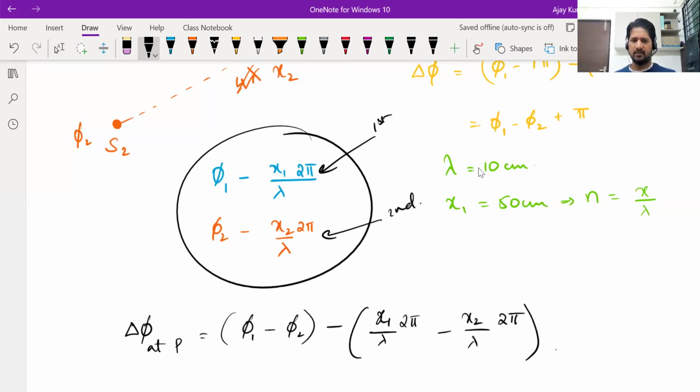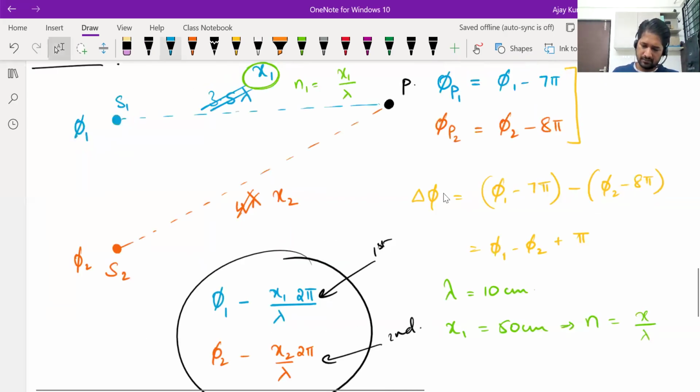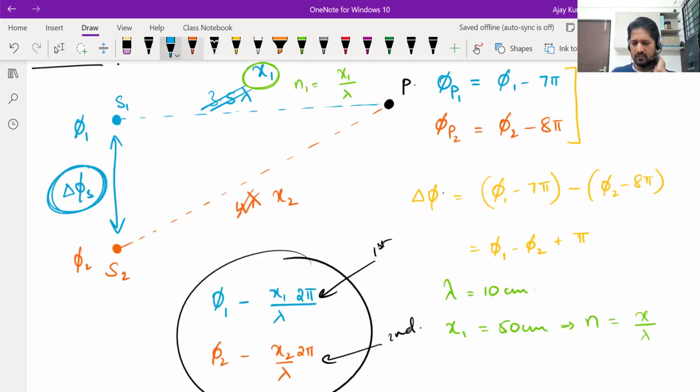Just remember the idea. If you know the phase difference between the sources, and you know the difference in distances, x1 minus x2, then you can tell the phase difference with which the waves arrive at point P.